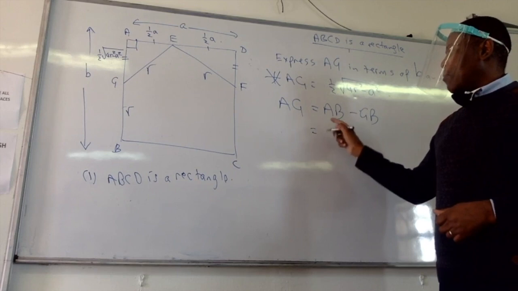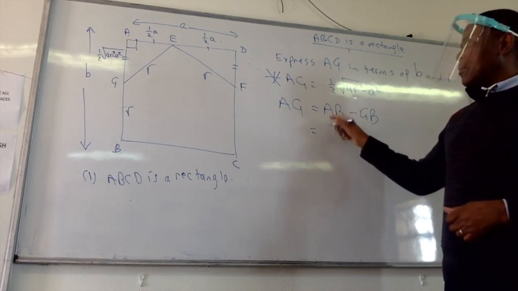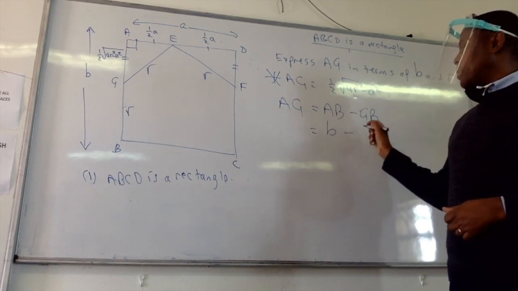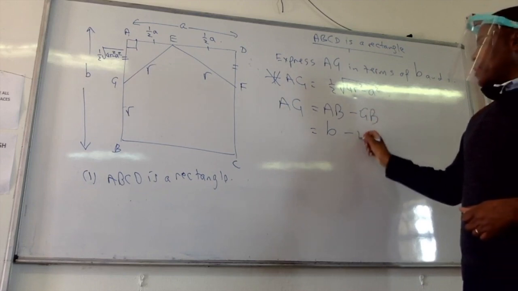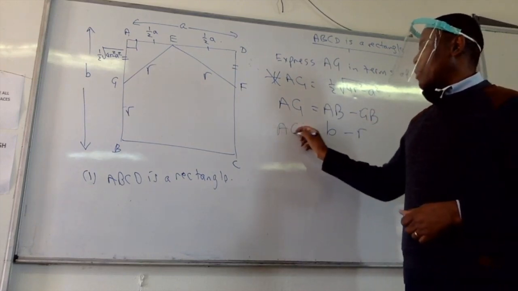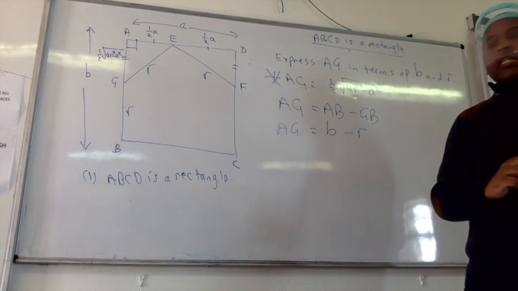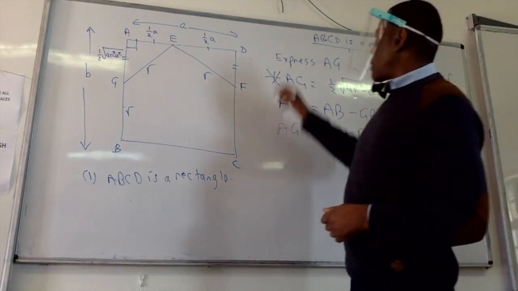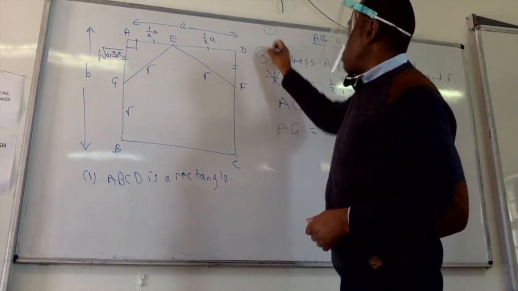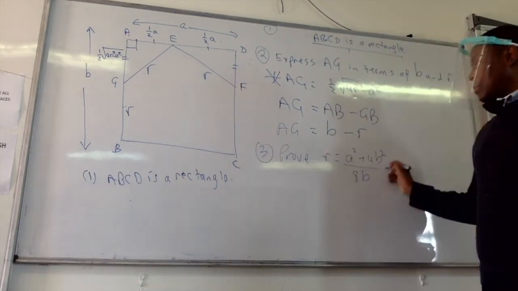Okay, but AB is b and GB is r. So there was nothing tricky after all. So AG is equal to b minus r. So that was question 1 there. This is question 2. I think there's a third question, right?